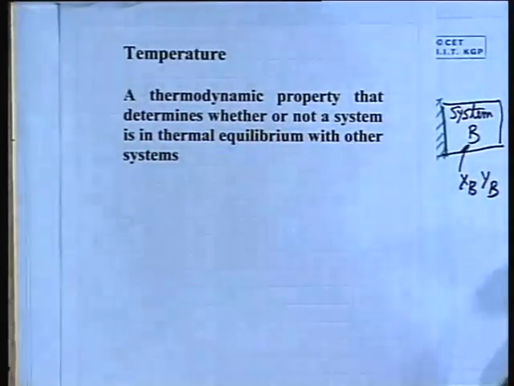If one asks you what is the definition of temperature in classical thermodynamics, how do you define it? The temperature has to be defined without the definition of heat, without going to the molecular level, so it is not the average kinetic energy of the molecules. Then how do you define it? That is given by classical thermodynamics. This is the definition, because afterwards we will define heat with the help of temperature as the property.